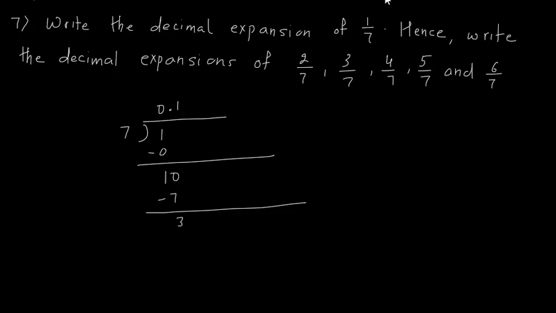Here 7 1s are 7. Now this becomes 30. 7 4s are 28. Then I will get 2, so it becomes 20. 7 2s are 14, so here I will get 6. It will become 60.